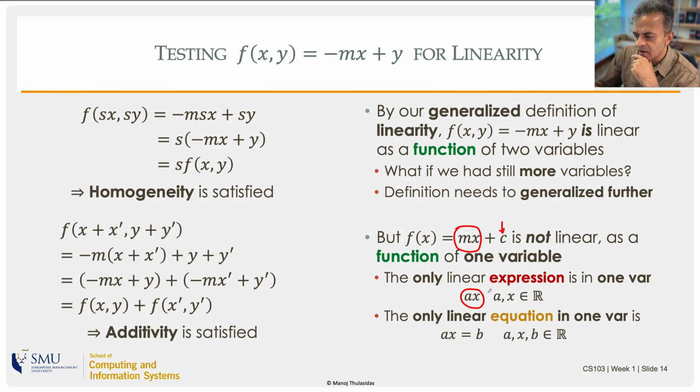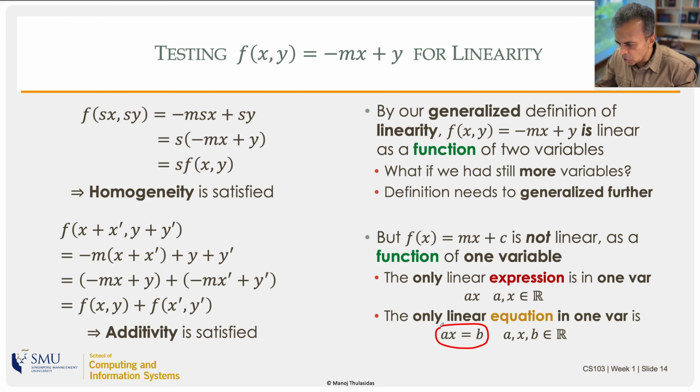So the only linear expression in one variable is ax, and the only linear equation in one variable is ax, the expression on the left-hand side, equal to a constant. Let's call that b. The only linear equation in one variable is ax equal to b. I like this, and you will see why maybe in the next video, but this is something that you will remember for the rest of your life.